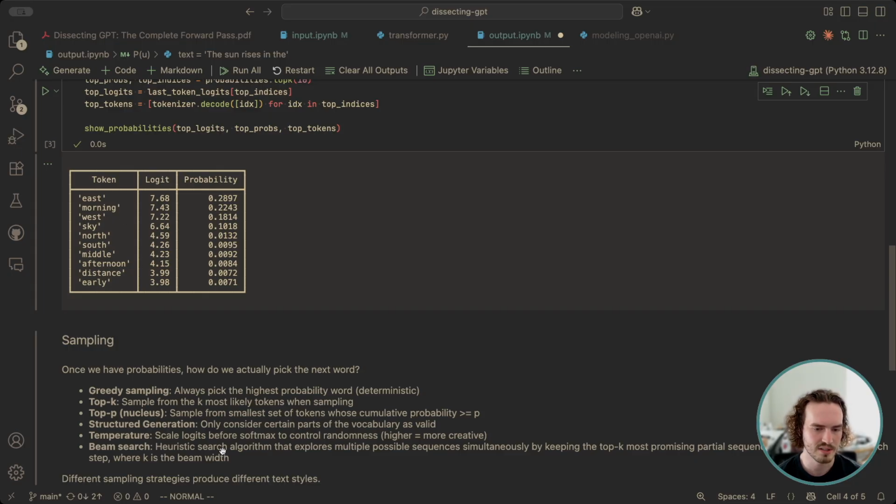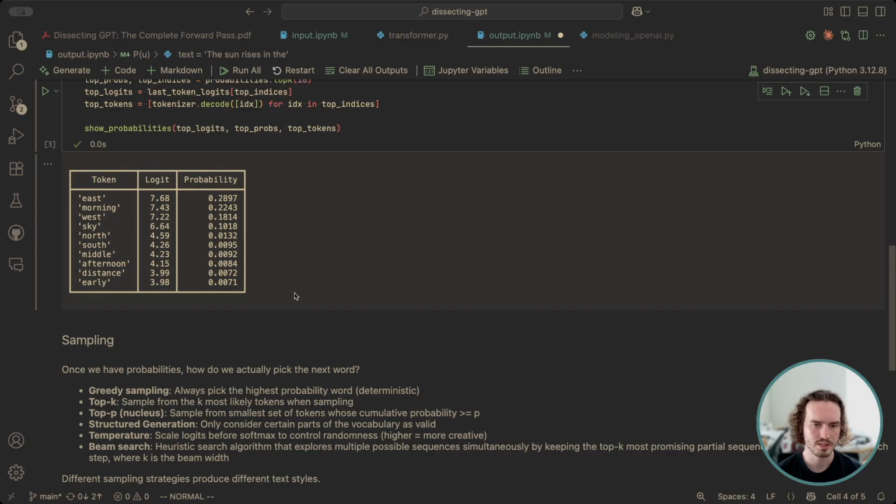And then temperature is another thing that you'll hear about. Essentially what that does is affect how the softmax scales. The higher the temperature, the more creative the model is, because we can see here there's a good distance between the top most likely and the final most likely.